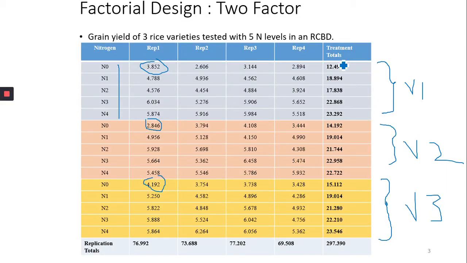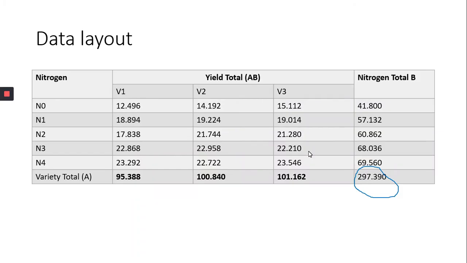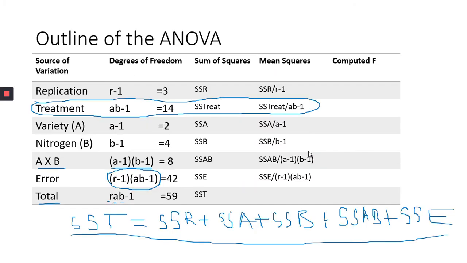Remember, when we were calculating the sum of squares under CRD or under RCBD, when we sum the square of this plus the square of that plus the square of this up to the end, we divide by the number of reps, not by the number of treatments. That is important. So we divide by 1, 2, 3, 4 to get SS treatment.